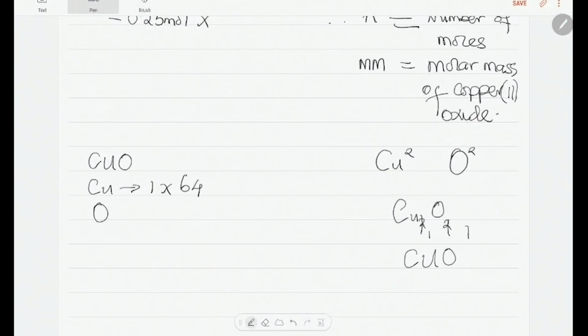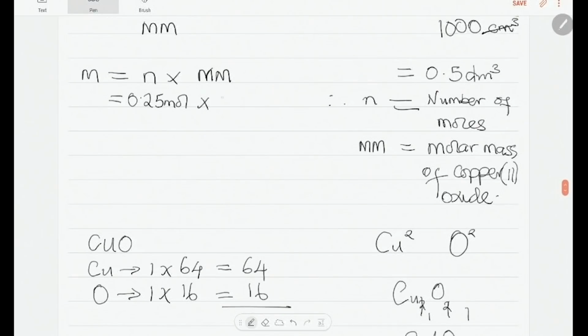So the molar mass is 80 grams per mole. Then moles and moles will cancel, and when we multiply that, we get 20 grams. Then we look at the options which have been given. Which one gives us 20 grams? That is option D. So option D is our correct answer.